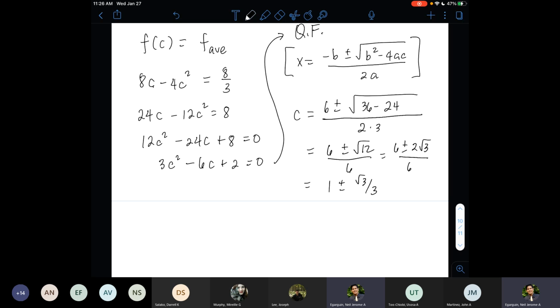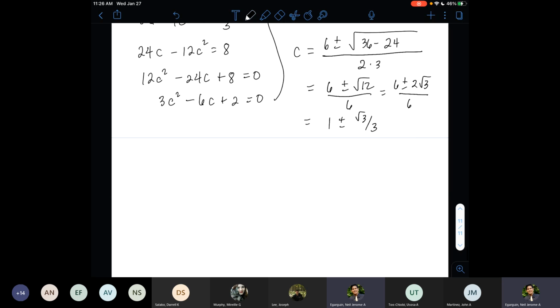Oh, I guess you get the right idea here, though you have two options. You need to verify if both of them qualify as the value for c. Well, remember that the mean value theorem only guarantees a c over the interval given. So I guess the interval given to you is from 0 to 2, right? So you need to check, are these numbers between 0 and 2?